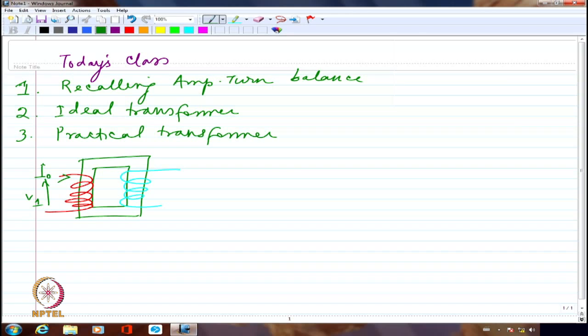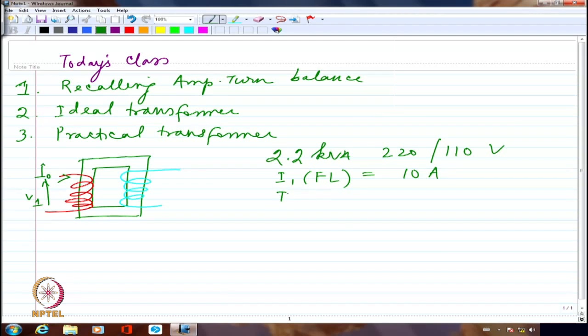Let's take some practical values. Let's say I take a 2.2 kVA transformer, 220 by 110 volts. The primary side full load or rated current will be 2200 divided by 220, which is about 10 amperes, and the secondary full load current will be 2200 divided by 110, which is 20 amperes.